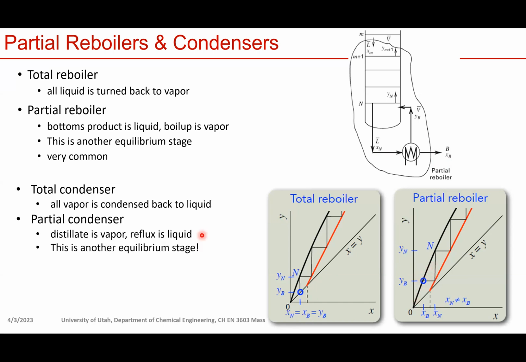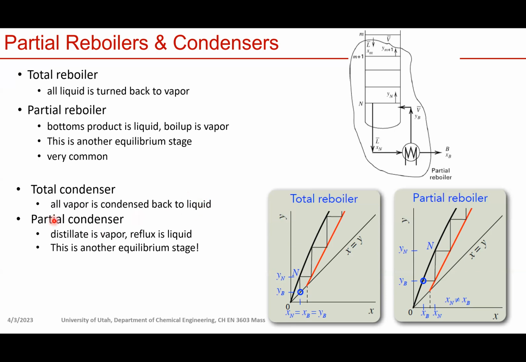Similarly, for the condenser, there's also a difference between a total condenser and a partial condenser. In the total condenser, all the vapor is condensed back to liquid, so your distillate will have the same composition as your liquid coming back to your column.